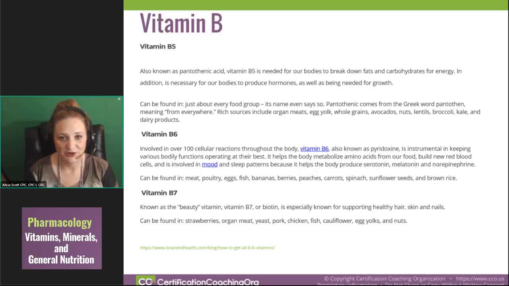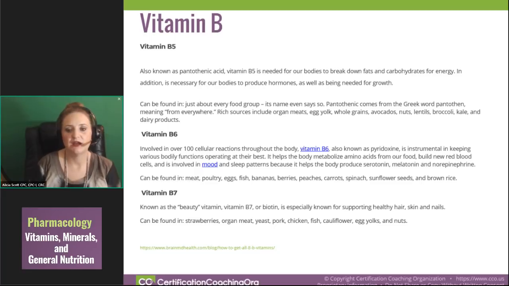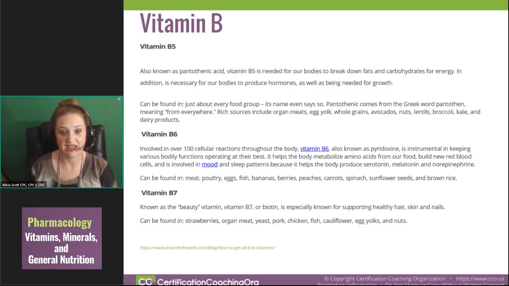It doesn't mean that fried chicken livers are particularly good for you, but beef liver is very healthy for you. Again, eggs, but the egg yolk itself is high. The whole grains again, and your nuts and your lentils, broccoli, kale. Kale right now I think has surpassed beets, and now kale is the new superfruit, right? It used to be beets, now it's kale. Everything has kale in it. When you go to the grocery store, everything's advertising kale.